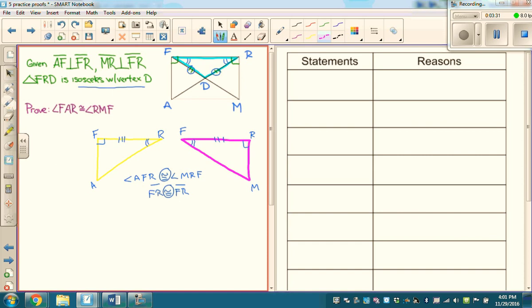So there's a lot of thinking in this problem. So that's my third piece. Angle FRA is congruent to angle RFM.